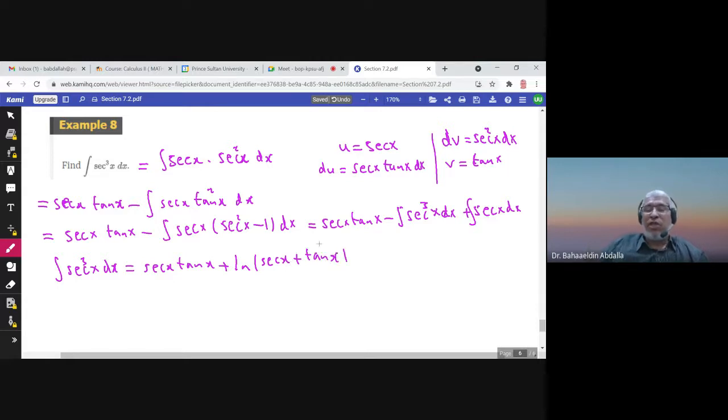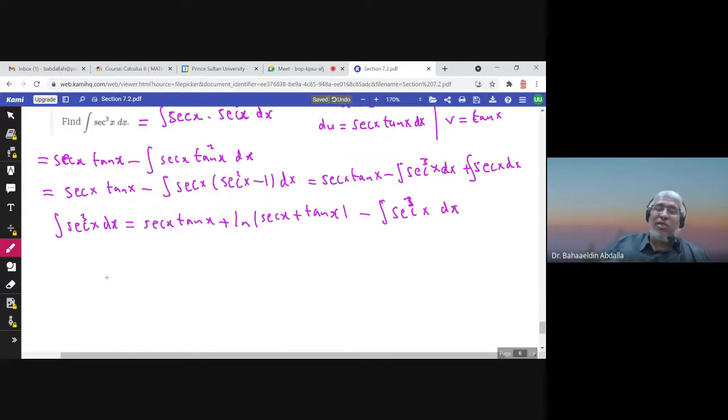We have just seen the formula. Minus the integral of secant cubed x dx. And this is exactly the same as the original integral.